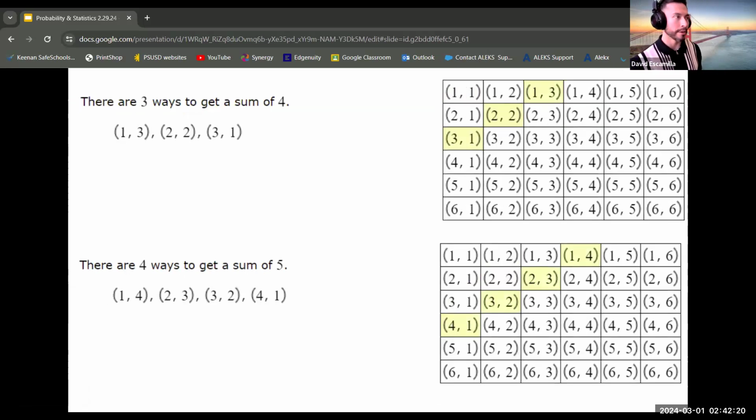In a similar way, there are 3 ways to get the sum of 4. You start seeing a pattern, like a diagonal shape, that tells us there are 3 different ways to get the sum of 4. One way is rolling a 1 first and a 3 second. Another way is to roll 2 first and a 2 second. And a third way is to roll 3 first and 1 second.